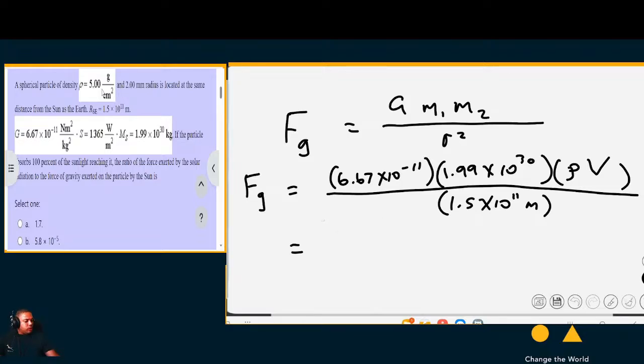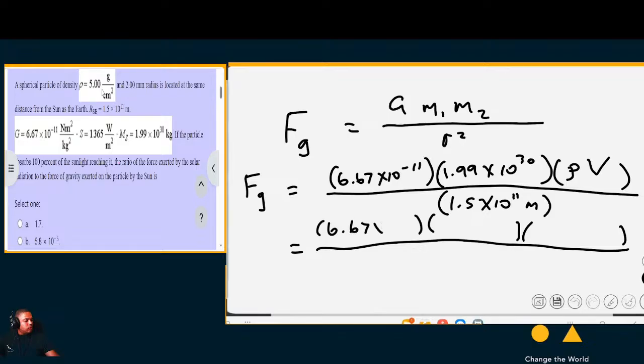Now let me rewrite all of that. First, I'm going to fill in the math. Let me just rewrite everything: 6.67 times 10 to the negative 11. Here we have 1.99 times 10 to the 30.